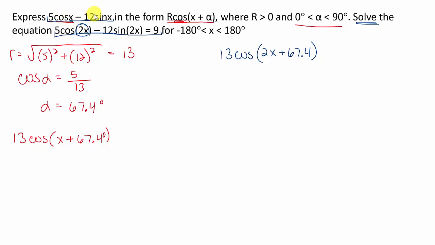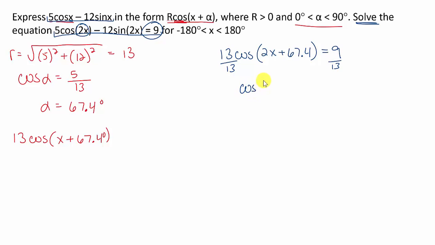I had 5 cosine x minus 12 sine x, and now I have 5 cosine 2x minus 12 sine 2x. So I can just replace the x with 2x. And then, of course, they're asking me to set it equal to 9 and solve. And they've given me negative 180 to 180 degrees as my domain there. Okay, so we're going to see how much you remember from last year for solving when we have more in here. So I'm going to first go ahead and divide by my 13.